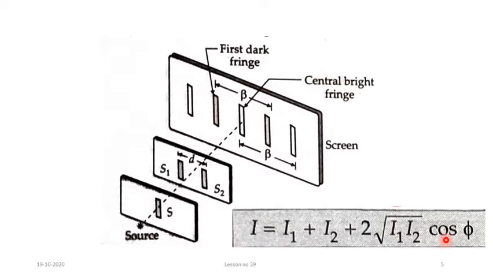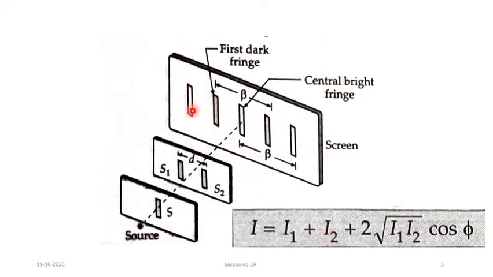If this term is 0, then this whole term will be 0. If this whole term is 0, that means intensity I equals I1 plus I2. Now, if intensity equals I1 plus I2, it will have a constant intensity.